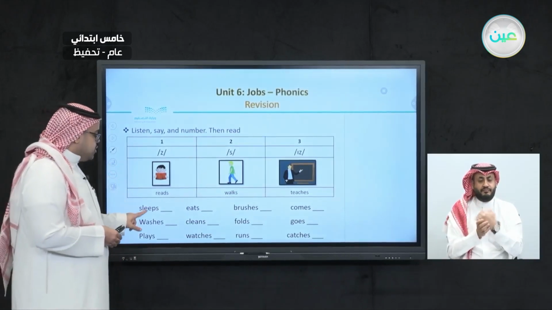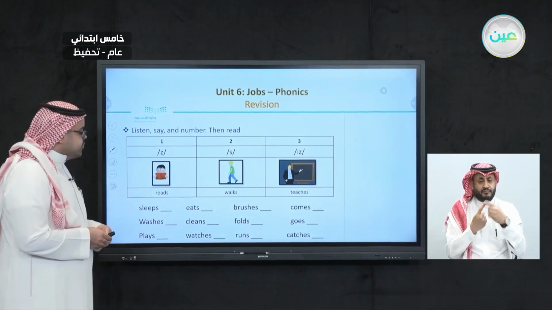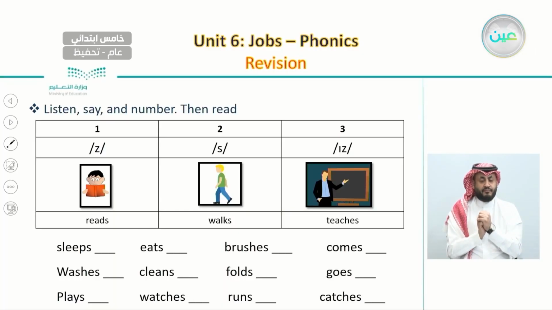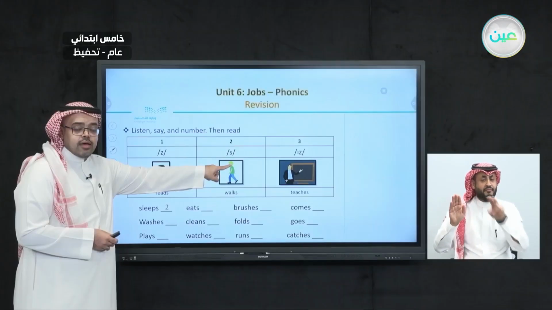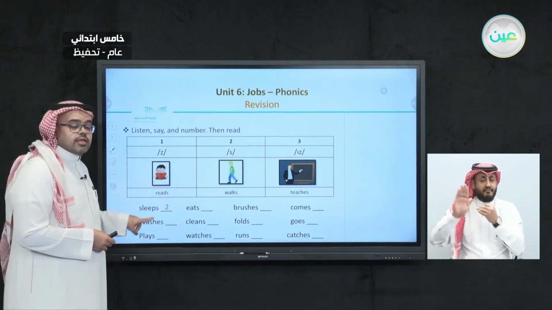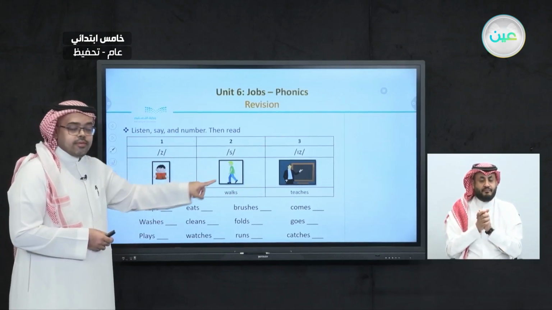So, starting from the first word here, the first word is sleeps. If you listen carefully to how I pronounce this, sleeps. So the last sound I said from this word matches this sound, S, sleeps.